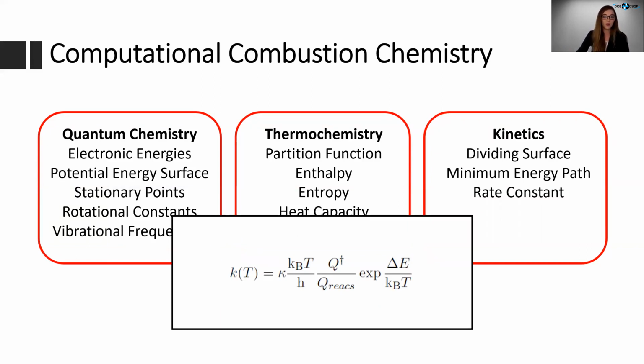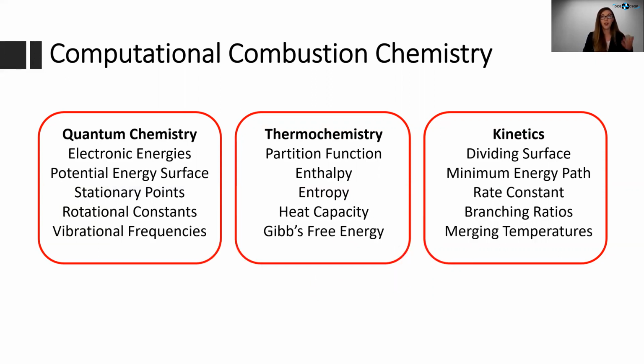So there we have, again, our lovely partition function, as well as some of the energetics we got from quantum chemistry, and we can get our rate constants out. We can include pressure dependence by adding parameters for collisional frequency and energy transfer into a master equation, and get properties like branching ratios and merging temperatures.